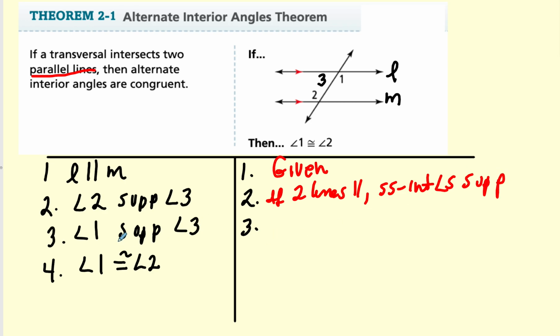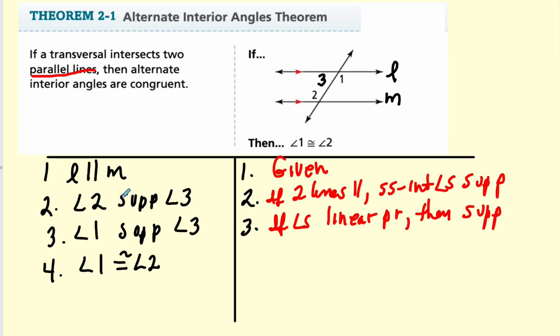Okay, and then the next one says angle 1 is supplementary to angle 3. So angle 1 is supplementary to 3. That's from the last chapter. And we know that if two angles are a linear pair, which they are, then they are supplementary.